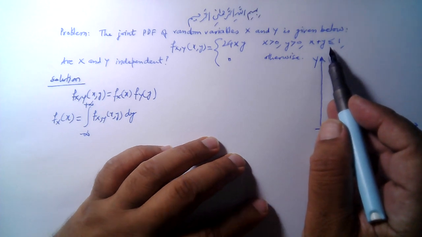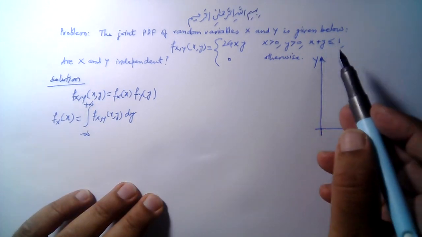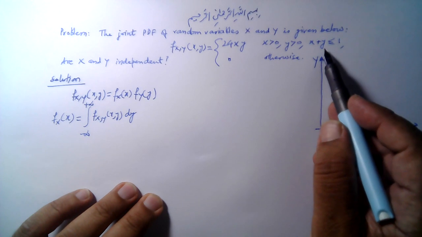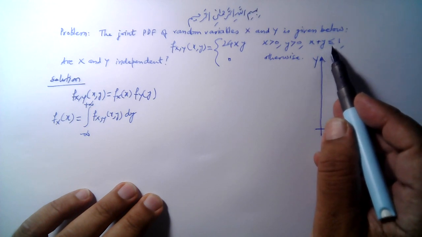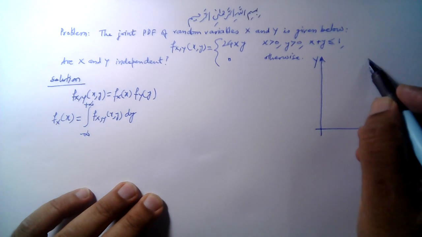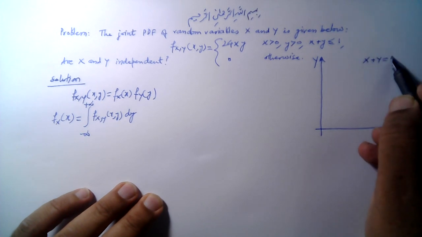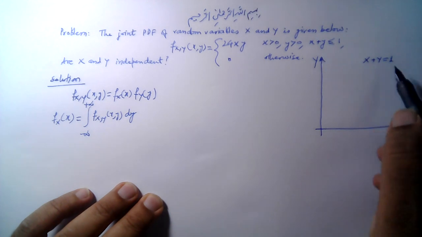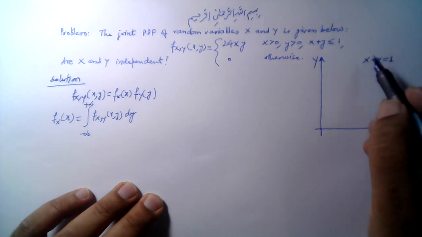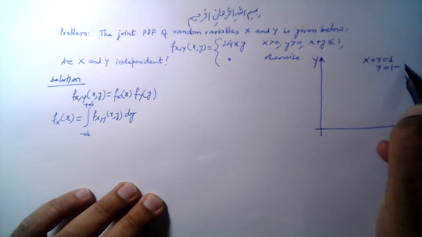So how do we determine this region? To determine where x plus y is less than or equal to 1, we first need to find the line x plus y is equal to 1, right? So this must be a straight line. It could be written like that: y is equal to 1 minus x.